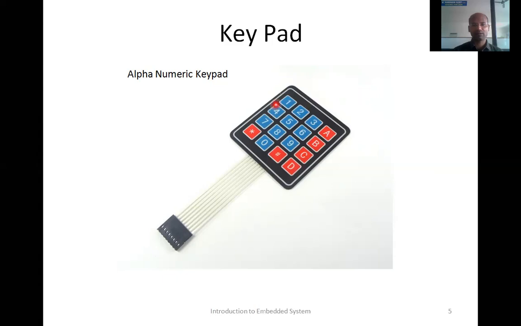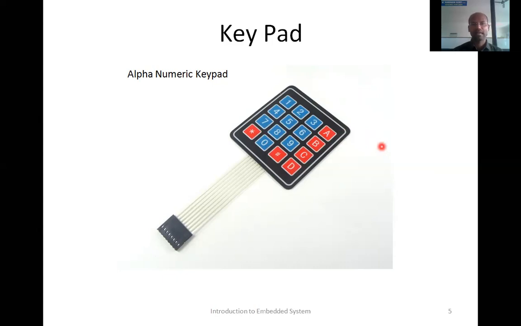We need something like keypads. In this keypad, we can see there are numbers 1, 2, 3 up to 9, and also some characters A, B, C, D. So by interfacing this keypad with the microcontroller, we can input numbers and also some characters.